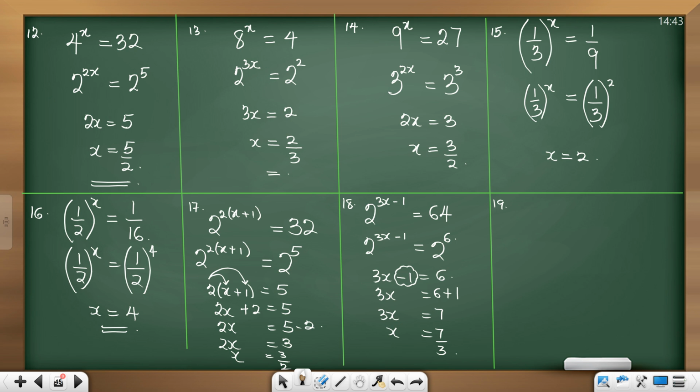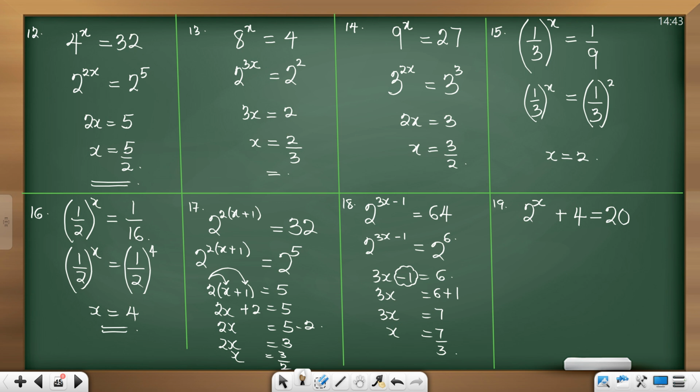Okay, let's try one more. Look at this. So with maths, we can just be creating so many things, but the principles we are going to be doing will be the same.